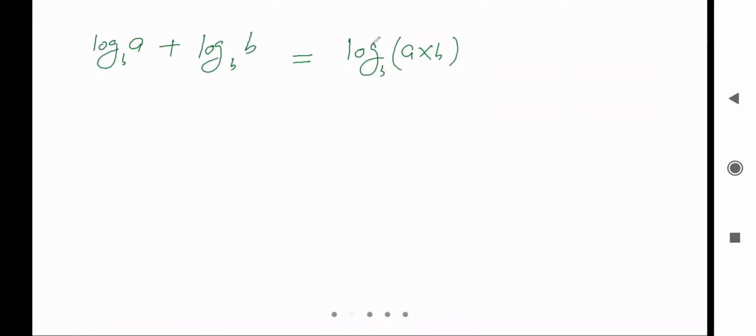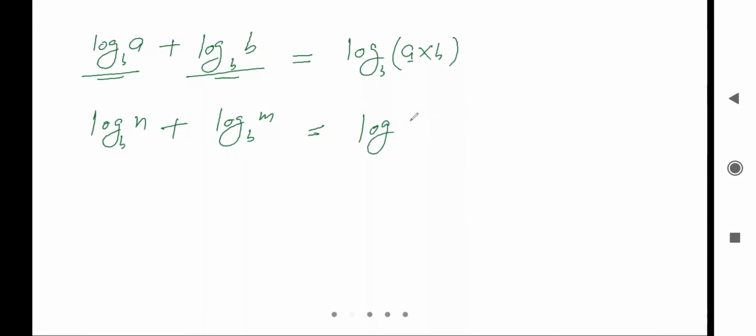So if it is log of a and another term is log of b, and base assume it is b. Okay, so in this case we can say it is log of a into b. Or you can think like, if it is log of n base b plus log of m base b, then it is equal to log of n cross m, and base is b.